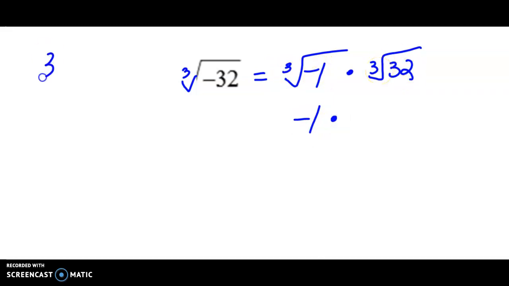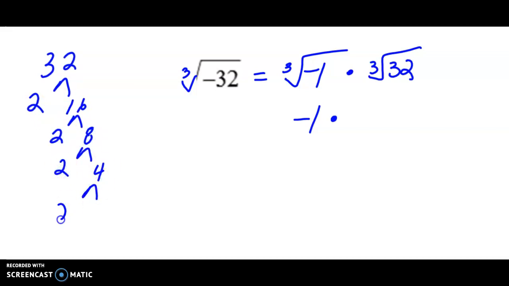So if I take 32, it's even, we're going to divide by 2. Keep dividing by 2 until you can't do it anymore. And then since it's a cube root, we want to grab 3 at a time. So I'm going to grab 3 2's. So that means 1 2 can come out.